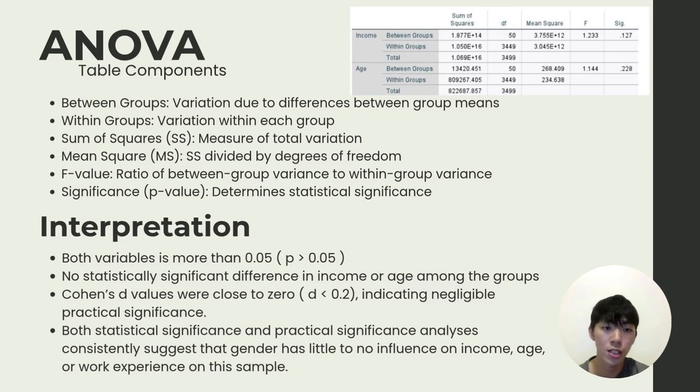The fourth is mean square, which is SS divided by degrees of freedom. The fifth is the F value, the ratio of between-group variation to within-group variation.